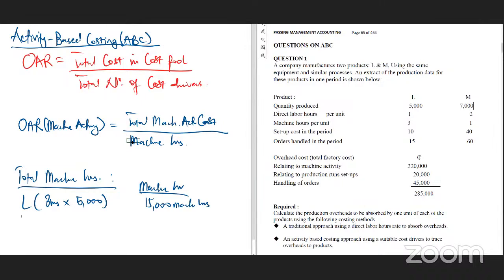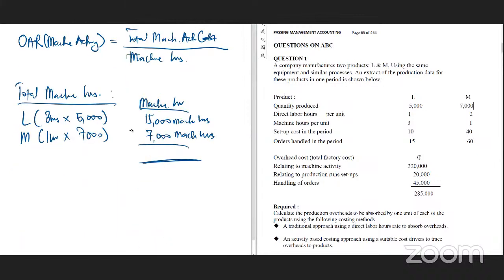Then for product M, we use 1 machine hour by 7,000 units produced, this one will end up with what? 7,000 machine hours, right? So if we put it together, it means that we are going to get a total machine hour of what? Of 20,000 machine hours. Okay, so now if we should get OAR for machine activity.